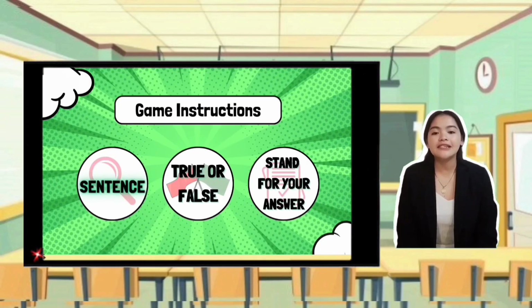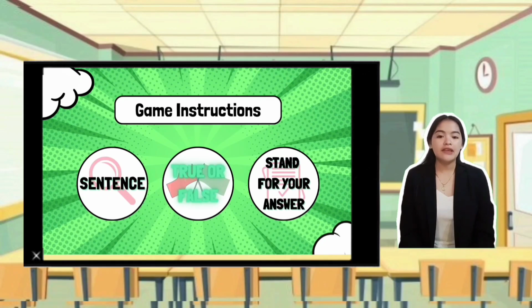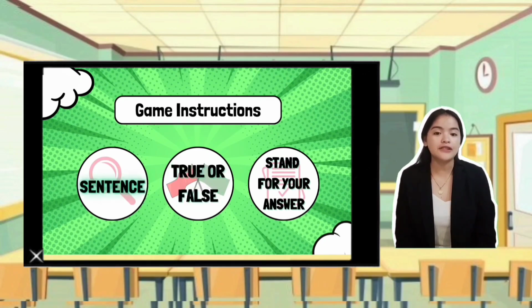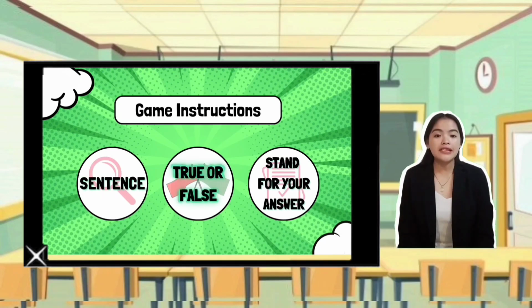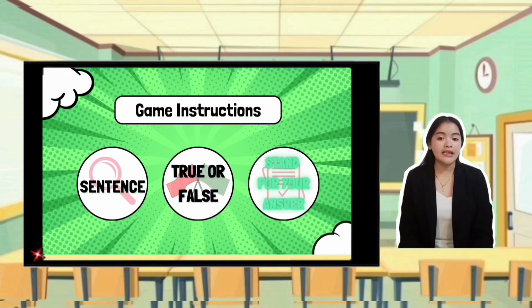The mechanics of the game is so simple. I'm going to show you some sentences and you'll have to decide if they are true or false. Green if you think the statement is true, and red if not. After that, you'll explain why.